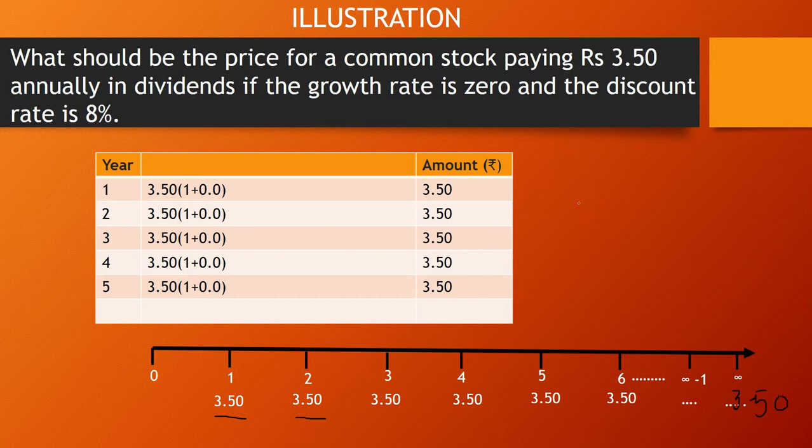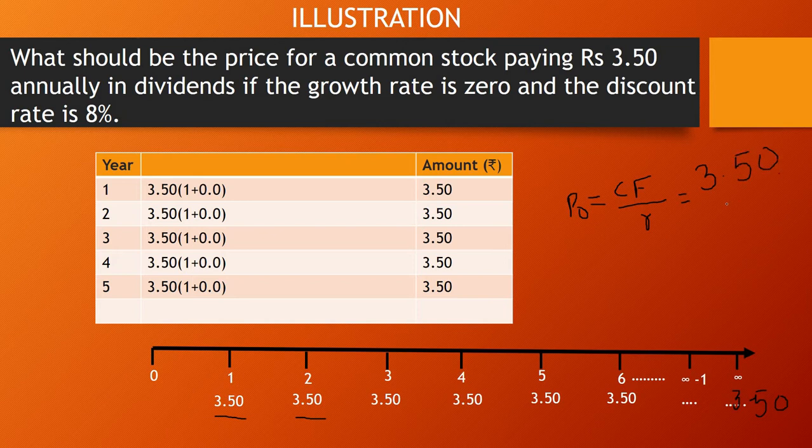In perpetuity, the present value P0 is equal to CF upon R, that means the cash flow divided by the rate of interest. Here my CF is equal to 3.50.